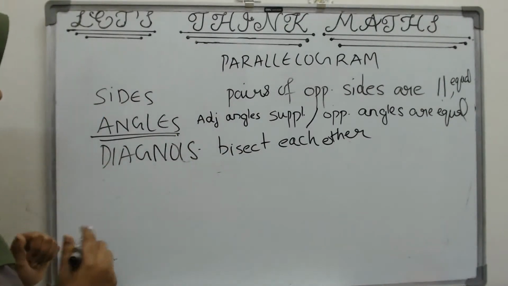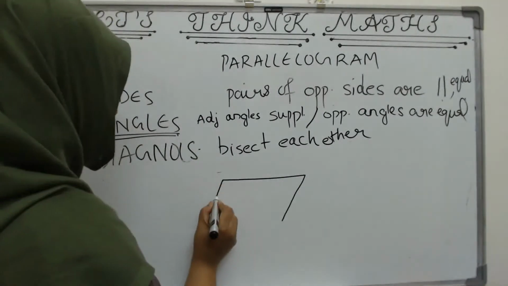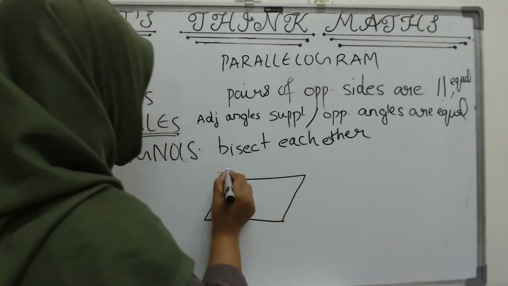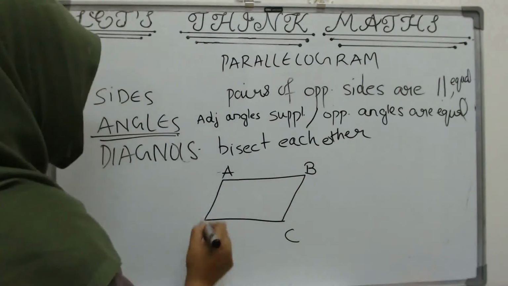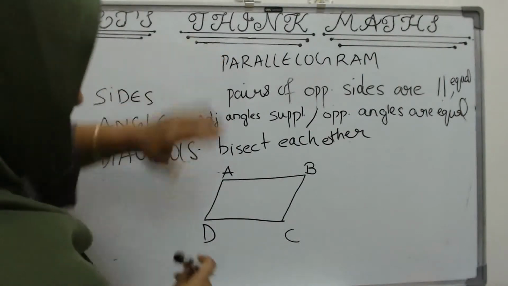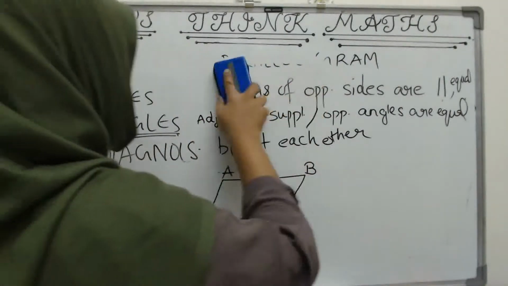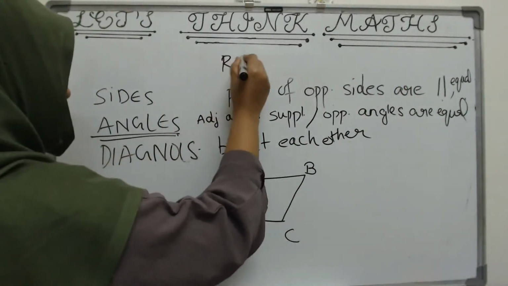And what are those extra conditions? Let us see. There you have a parallelogram, and we will make this parallelogram into a rectangle, just like we made the trapezium into a parallelogram, right? So we will make this into a rectangle. We are now studying the third type, which is a rectangle.